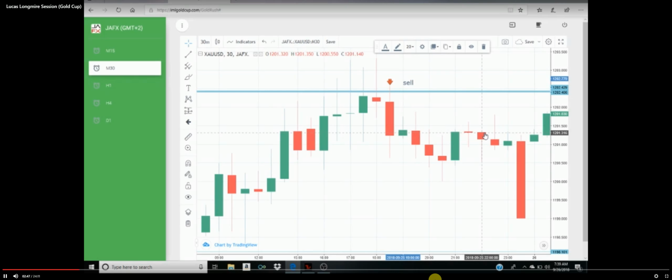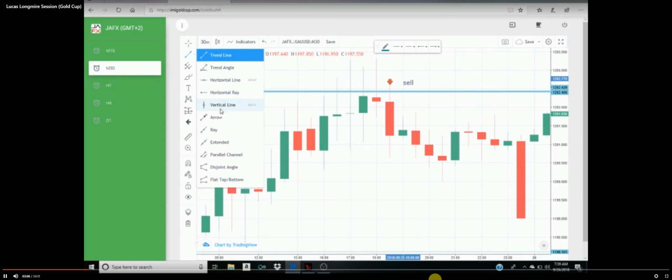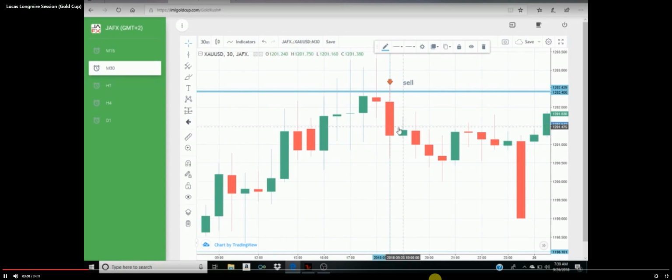You're going to have a candle with an arrow pointing to it. It's going to say sell or buy, one of the two, right? And then you're going to have a vertical line on the candle you're going to enter off of.